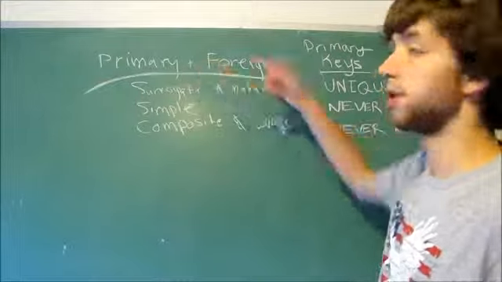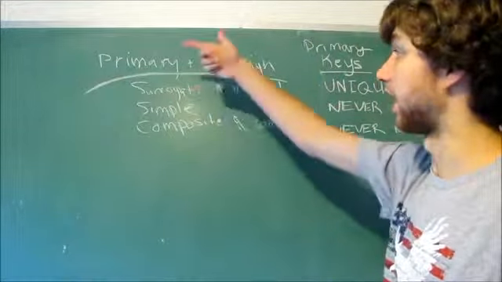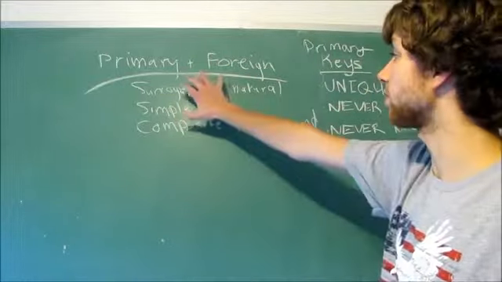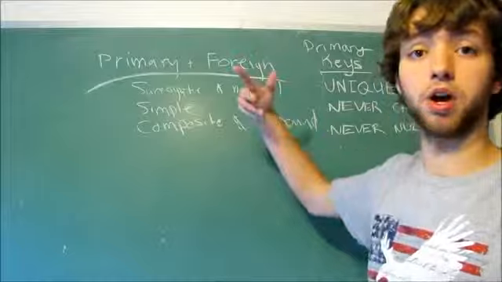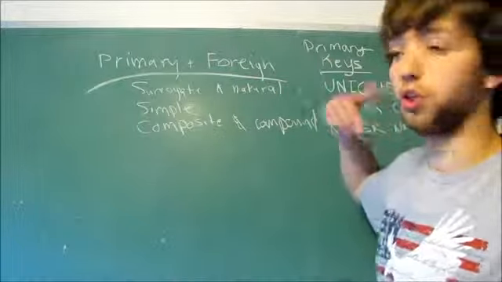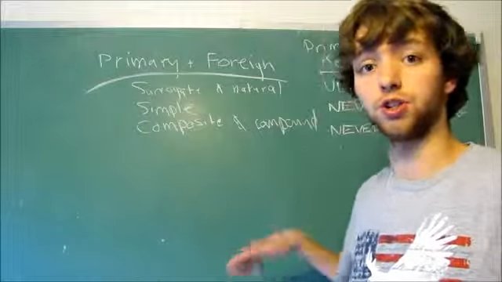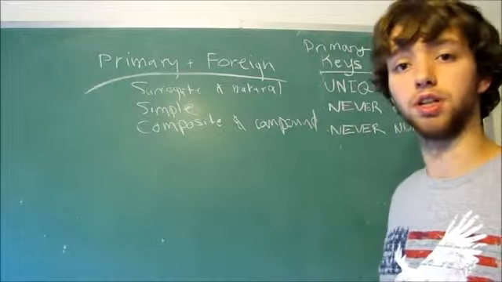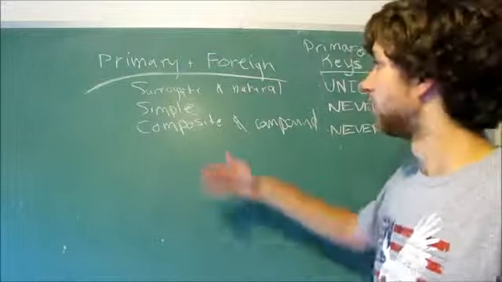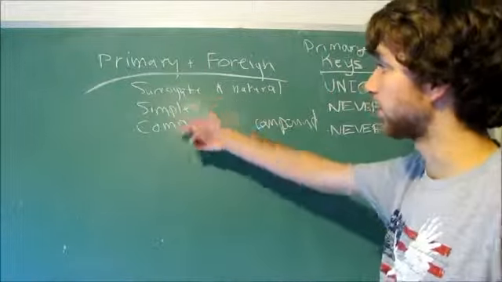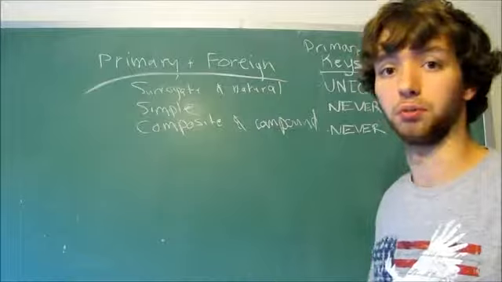When you define your primary or foreign keys, you're not going to have to specify if it's a surrogate, natural, simple, composite, or compound. This is for our sake, to design the best way. For example, do you want to use composite keys or do you want to use simple keys? That's a good question. Surrogate and natural is something you do throughout your entire database, but you can switch back and forth between simple and composite.